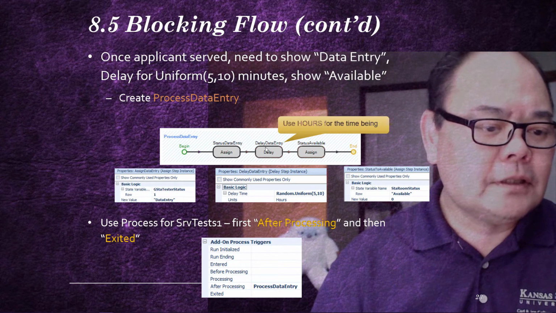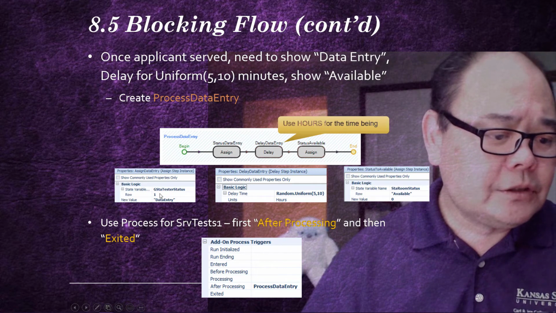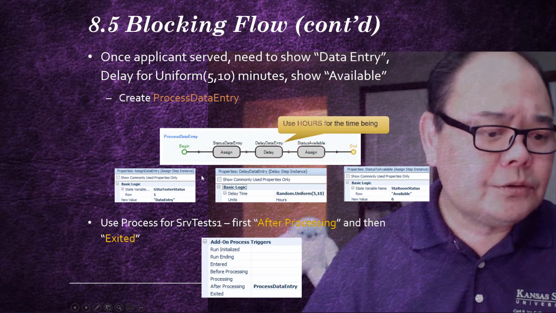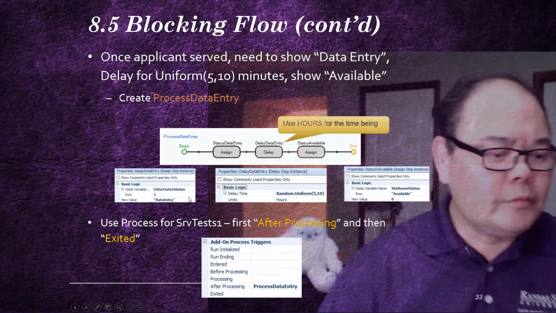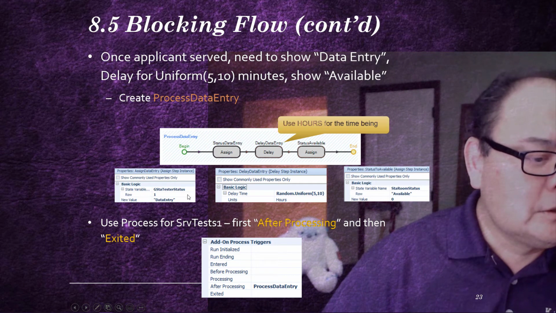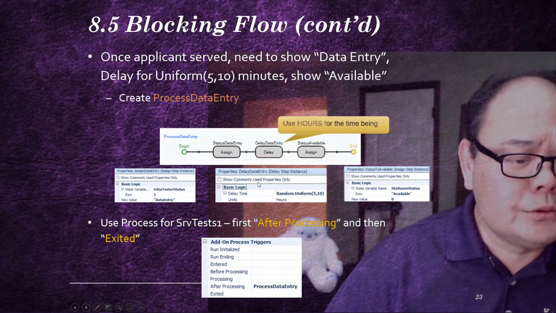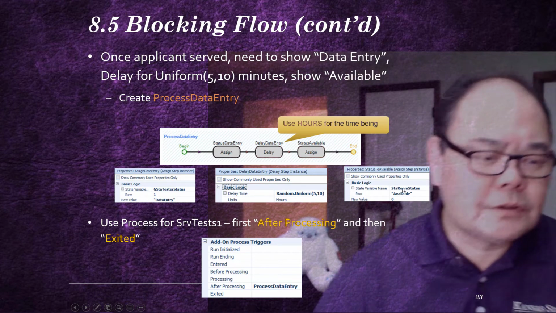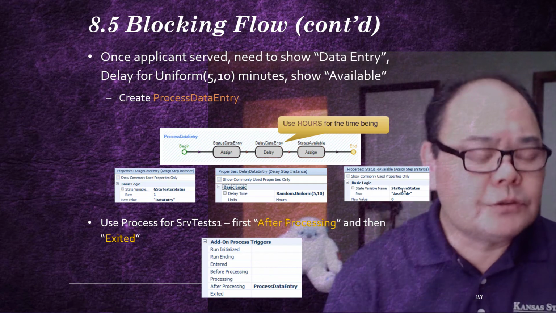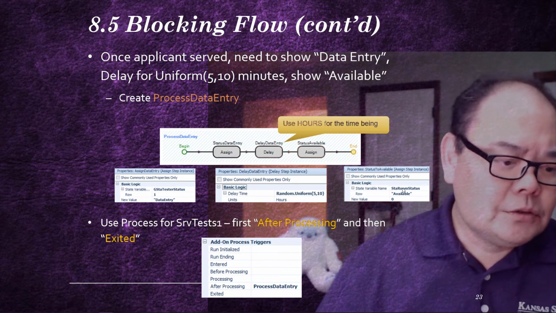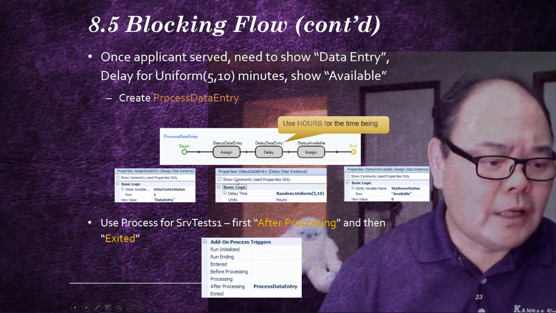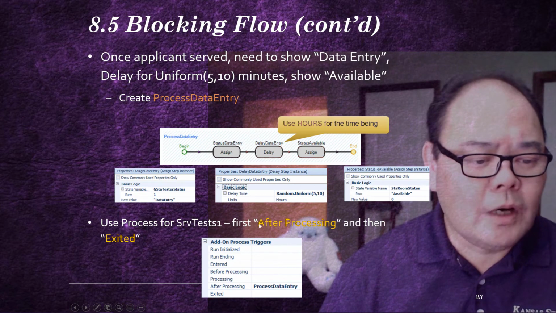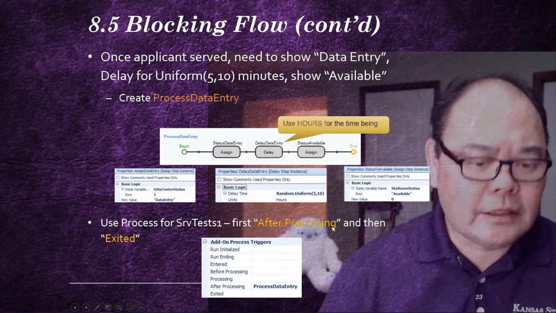We're going to first change the status from available to data entry, and then delay uniformly distributed between 5 to 10 minutes for the data entry. Then we switch the station status back to available. So we use the process for test 1 after processing and exit.